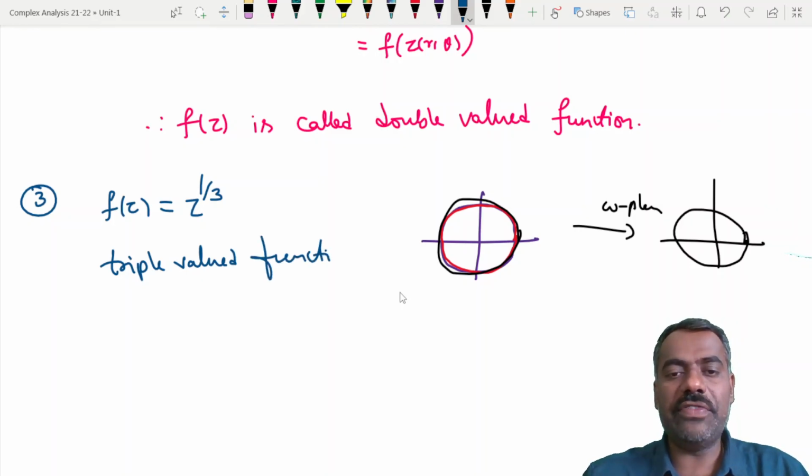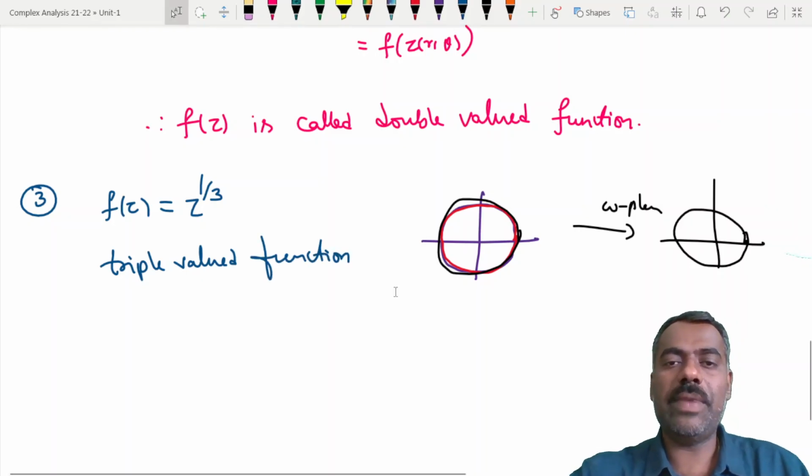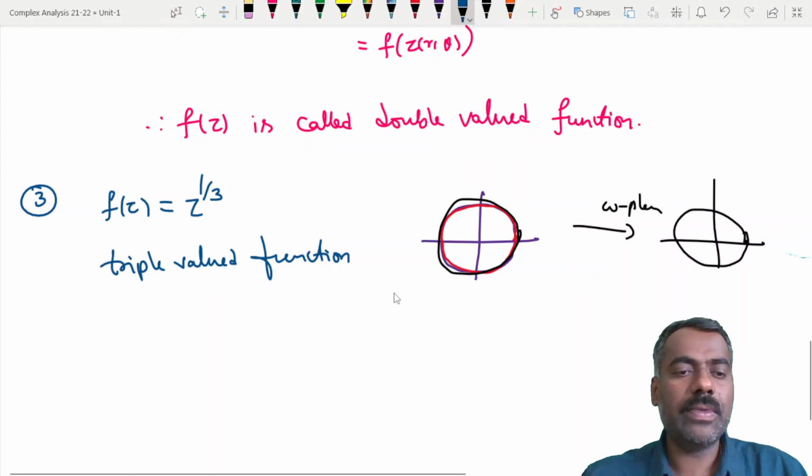That means you will get 3 different values. The remaining values will be the same again.